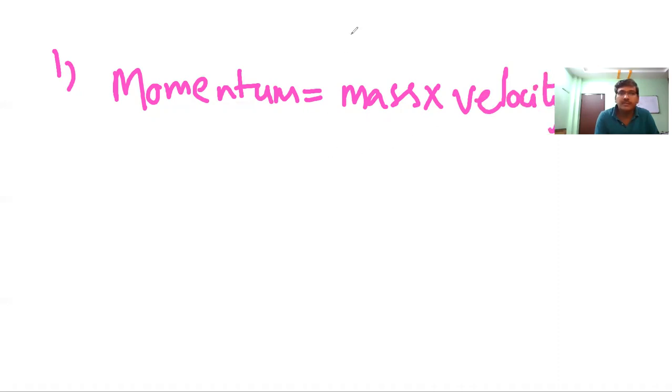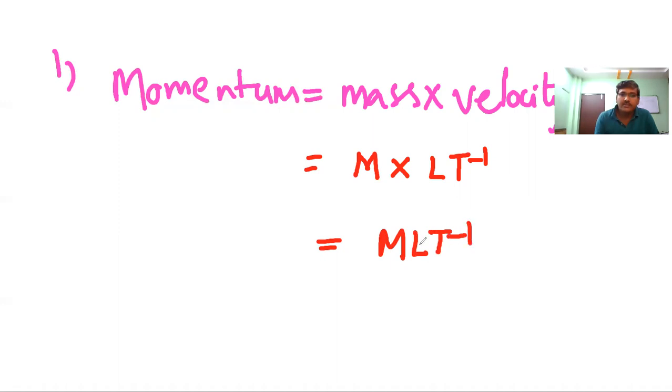Here, the dimensional expression for mass is M, and velocity, as we know previously, is L T to the power of -1. Hence, the dimension formula is M L T^-1. Is it clear? Let me go for the next one.